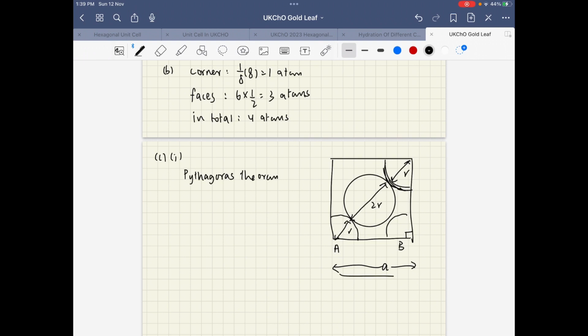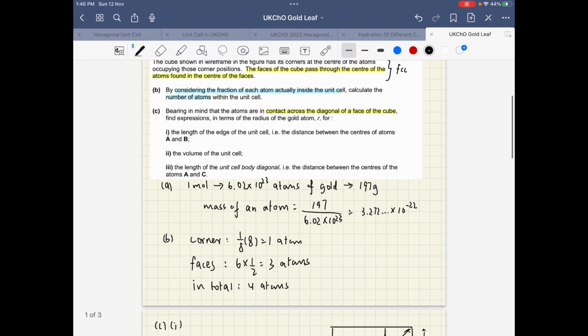A squared, which is this side, plus A squared, which is the square of length of this side, so that's 2A squared, is equal to the hypotenuse squared, which is 4R, and the entire thing squared. So my A is actually square root 8R, or you can say that it's 2 square root 2R.